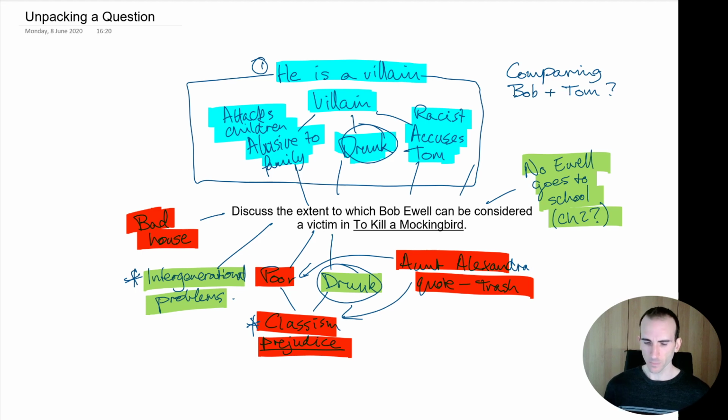So maybe my contention is something like, I might just see if I can type. I think I can. So maybe my contention is something like Bob Ewell is a victim. Or maybe I'll start with, he is a villain, but he is also a victim. I like the alliteration, villain, victim, even though villain's a bit of a funny term to use. He is a villain, but he is also a victim.